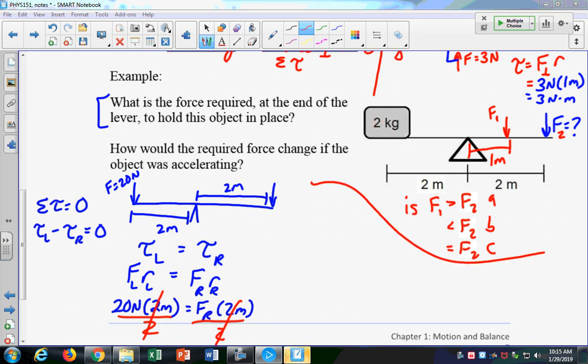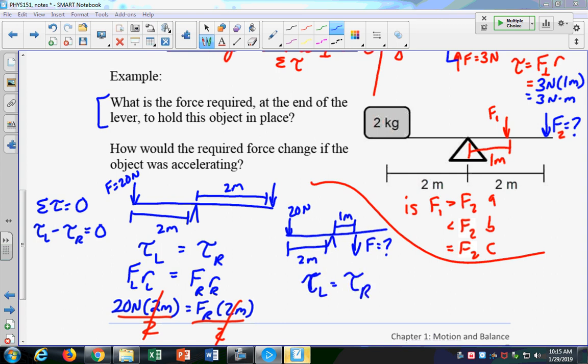All right, so what we're going to do here, here's my seesaw. I have 20 newtons here, applied at 2 meters. And now I have another force applied at 1 meter, and I want to know what this force is. So I would say torque on the left is equal to torque on the right.